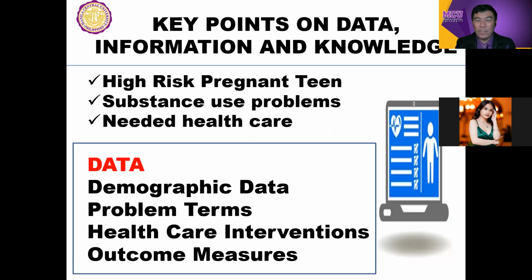Health, what problem terms? What is the problem? So use of substance. But what substance is it? Healthcare intervention. What intervention? What healthcare is needed? What outcome measures must be done?